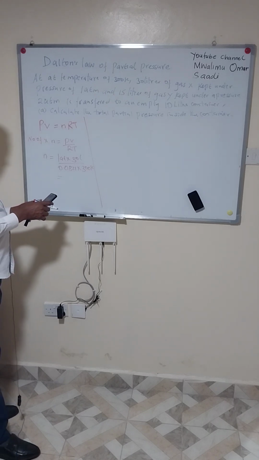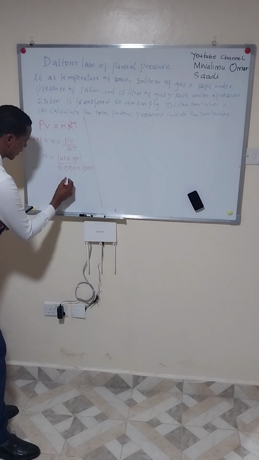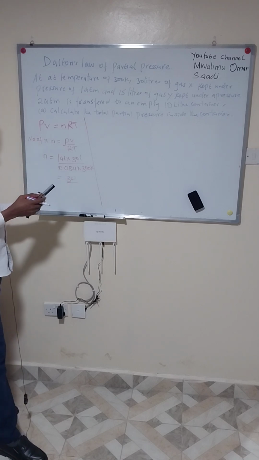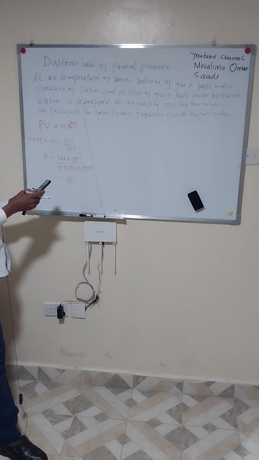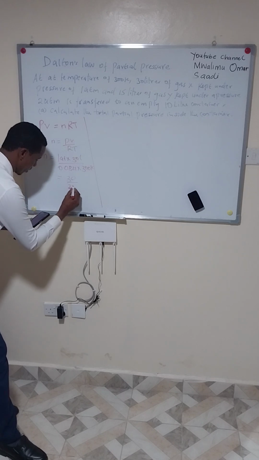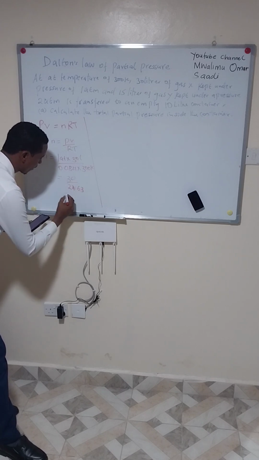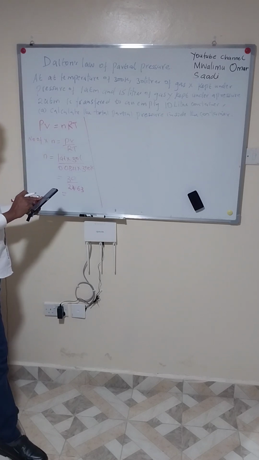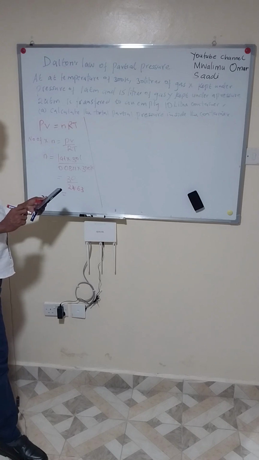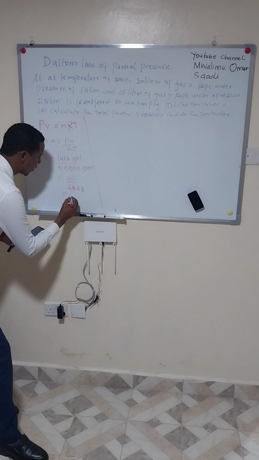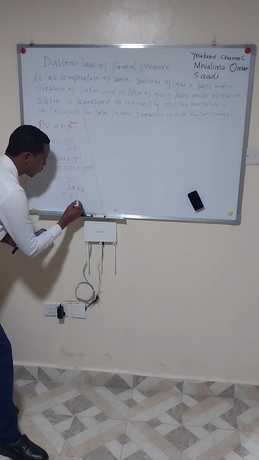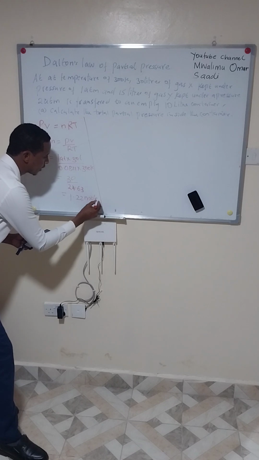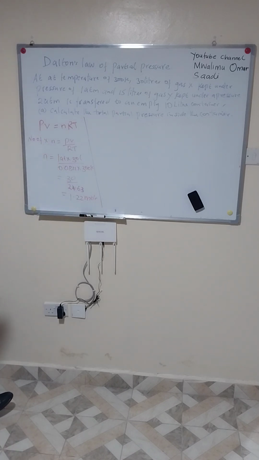We have 1 times 30 is just 30, all over 0.0821 times 300, all over 24.63, which is equals to 30 divided by 24.63, so 1.218, which is roughly 1.22 moles. So that is the number of moles of gas X.